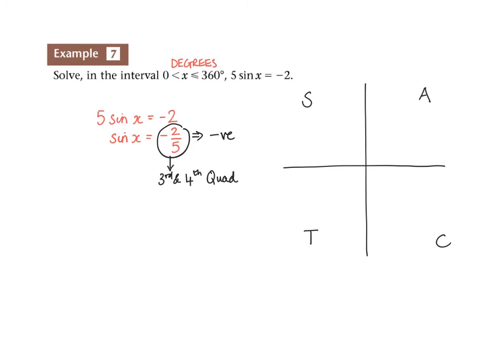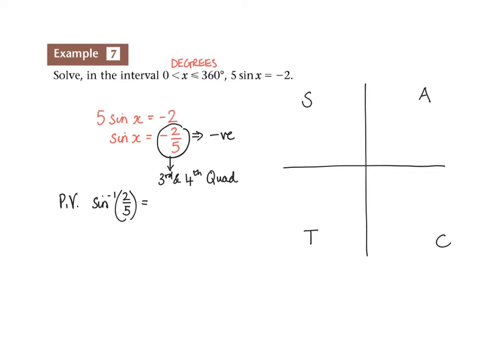So the sign of the ratio tells us the location of the angle, but then we ignore the sign and we get a principal value by taking inverse sine of 2/5. And that will give us the acute angle that we can use to find out from our quadrant system.